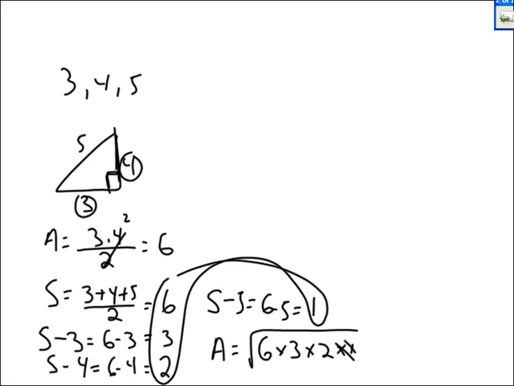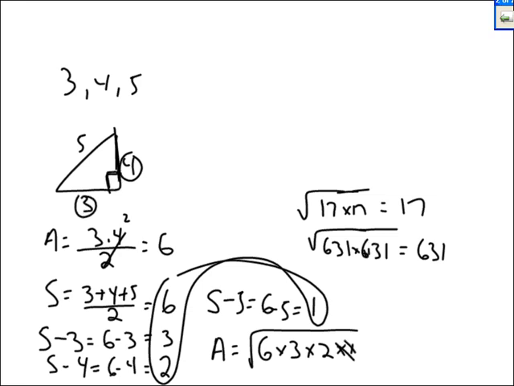Look for perfect squares. Remember, the square root of 17 times 17 is just 17. And the square root of 631 times 631 is just 631.